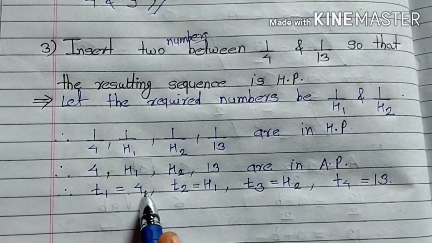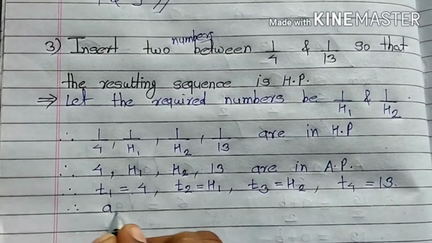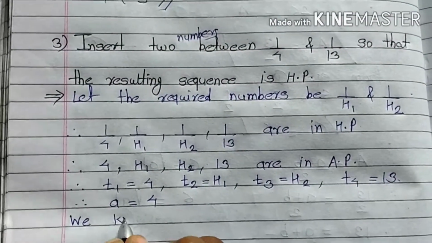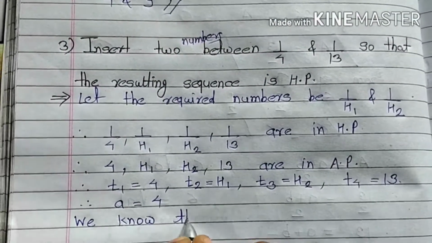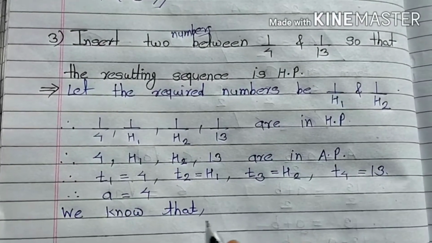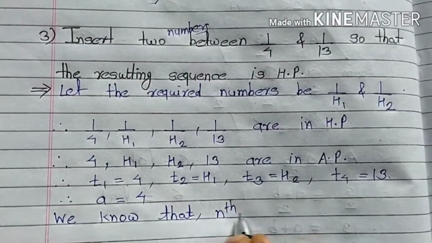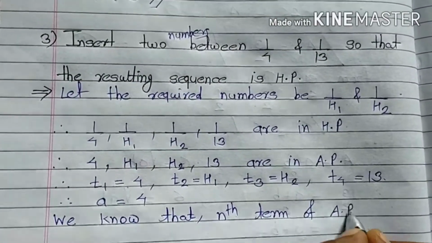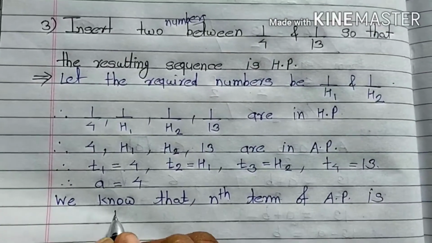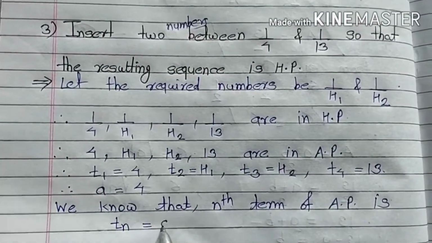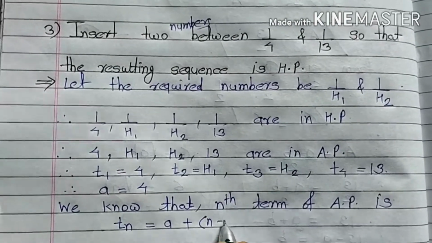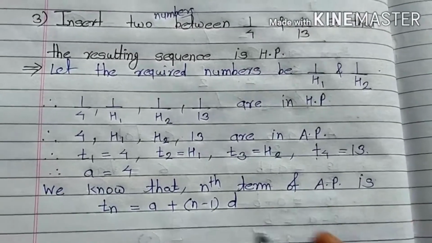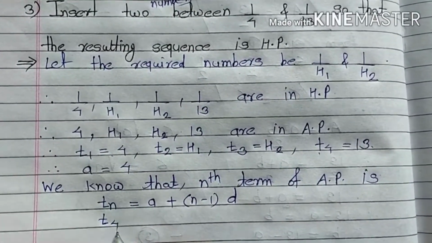So we know that the first term is always a, therefore a is equal to 4. We know the formula for Tn, the nth term of AP: Tn is equal to A plus n minus 1 into D. Now here we have T4, so I am putting T4.